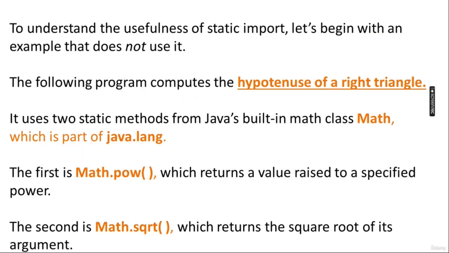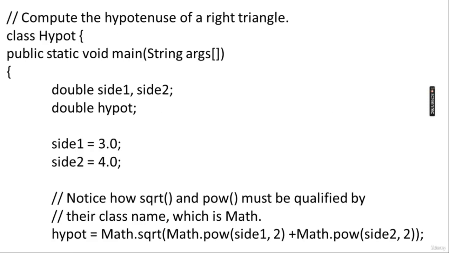To understand the usefulness, we will see an example: the hypotenuse of a right triangle. It uses two static methods from class Math, which is part of java.lang. The first is Math.pow, which returns a value raised to a specified power. And the second is Math.sqrt, which returns the square root of its argument. Double side1, side2, double hypot. Side1 is 3.0, side2 is 4.0. Notice how sqrt and pow must be qualified by the class name, which is Math.